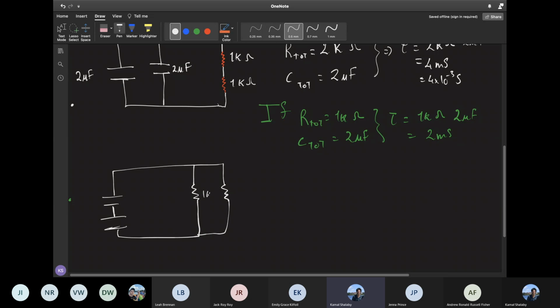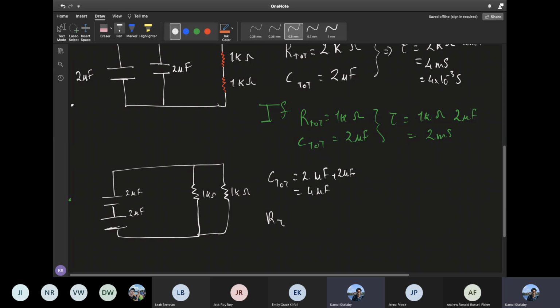This is 1 kilo, 1 kilo, 2 micro, 2 micro. Okay, so it's just the same thing as a battery. If you have batteries next to each other, just add them up. So the C total would equal 2 micro F plus 2 micro F, equal to 4 micro F.